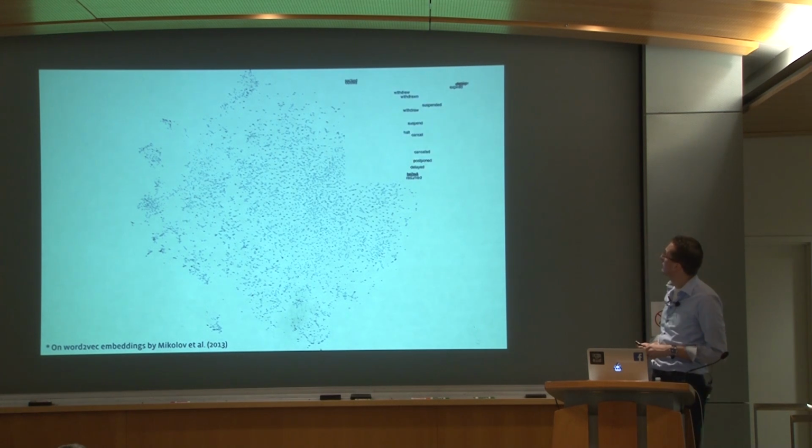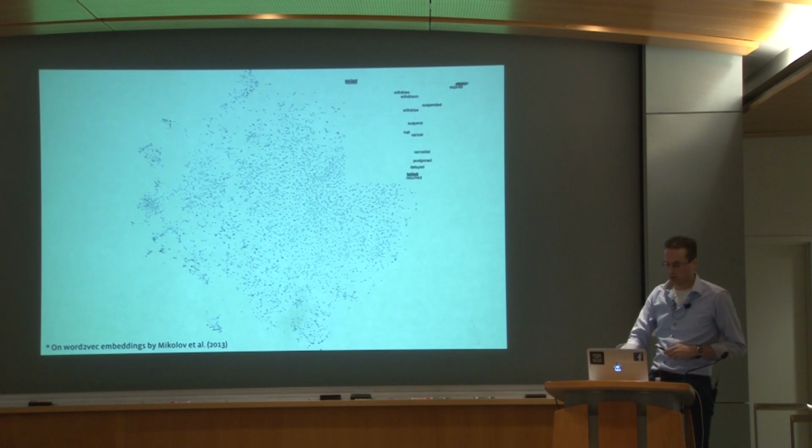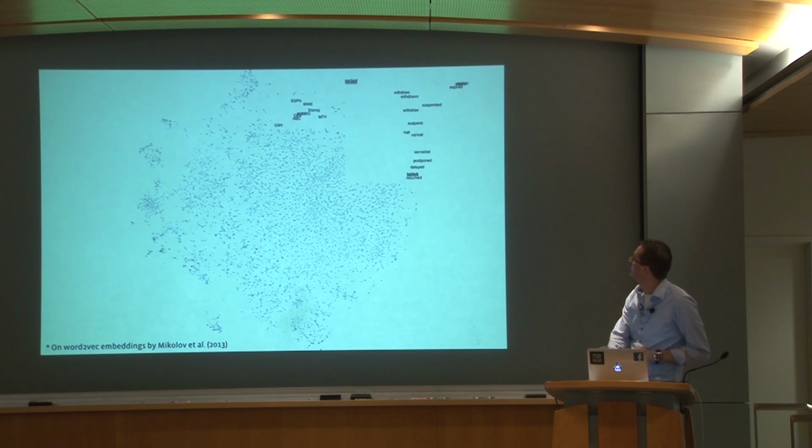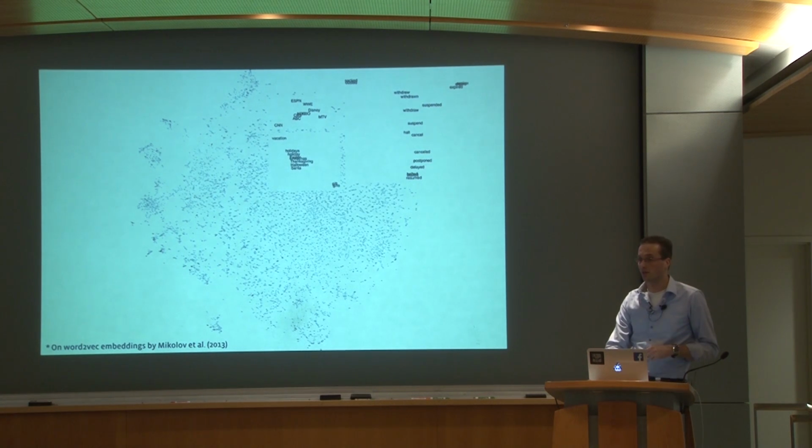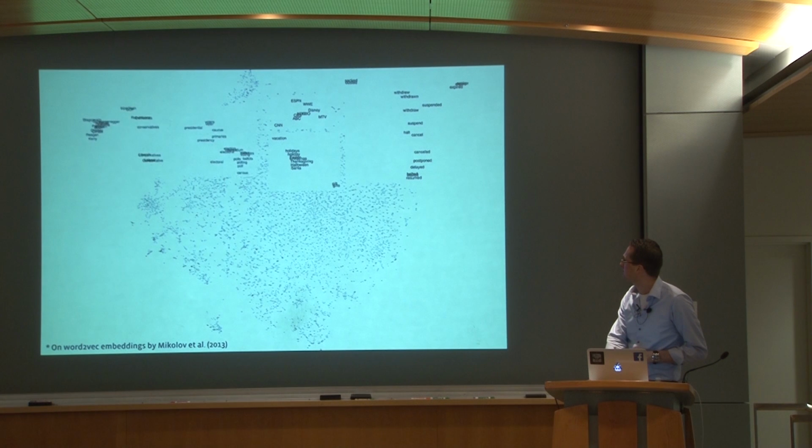And so what you then see is you can see clusters like this, right? By just reading all of Wikipedia or all of the internet, you can actually figure out that these words are all semantically related, right? Here's all your favorite TV networks. Here are words related to holidays or vacation.